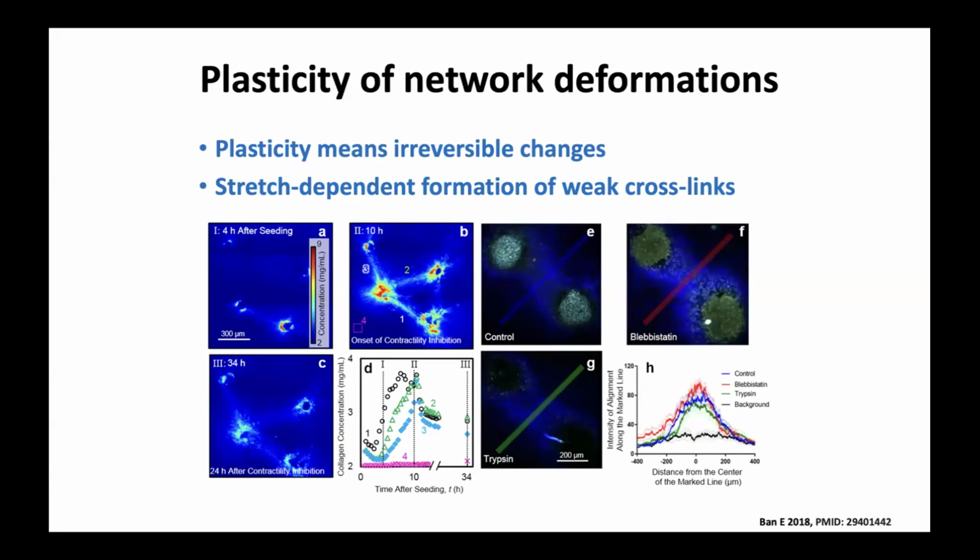And then one other comment that I wanted to make about these collagen networks is that when they're reorganized, it's often plastic. And what plastic means in this context is that the changes are irreversible. So when you pull on the network, you may have stretch dependent breaking and reformation of weak crosslinks.